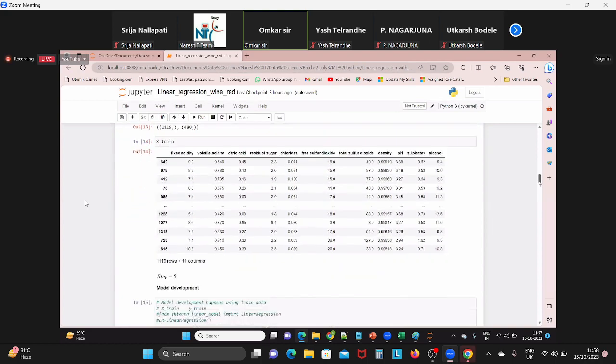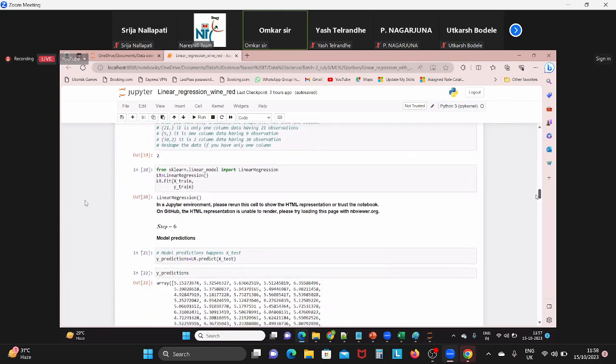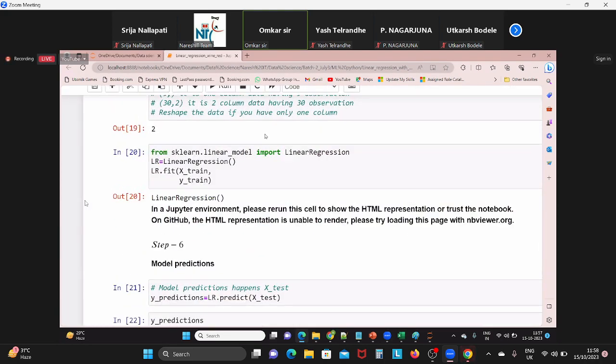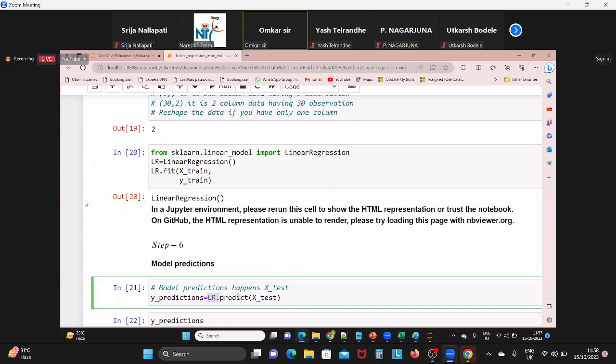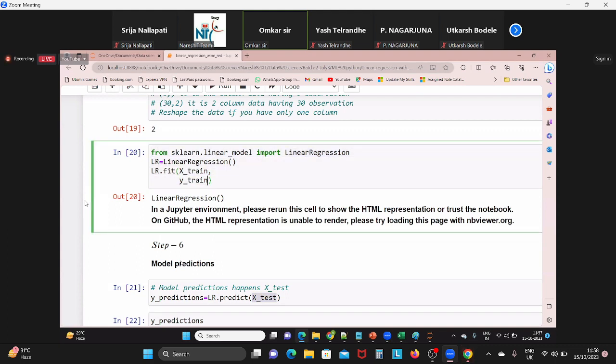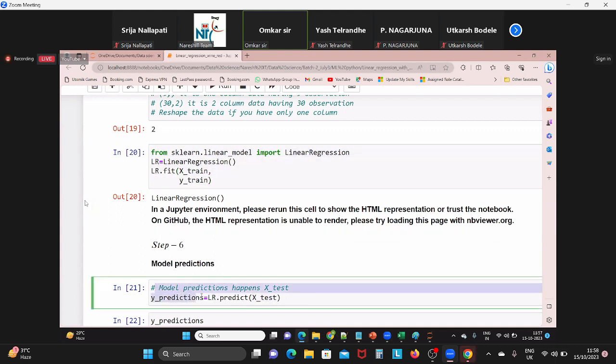And then I need to train my model. This is called the linear regression model. What is the model we are training? Linear regression. Which data do we pass? Train data. And then which data do we test? Test data. The 20th line is saying to train the model, and the 21st line is saying to test the model by passing only X data.